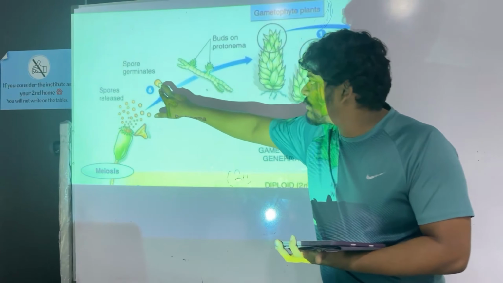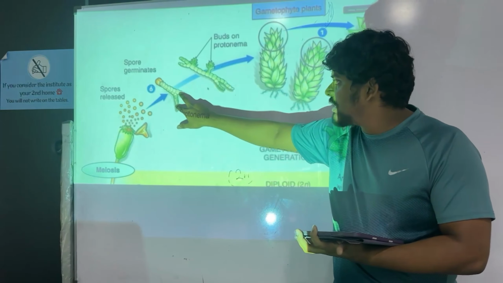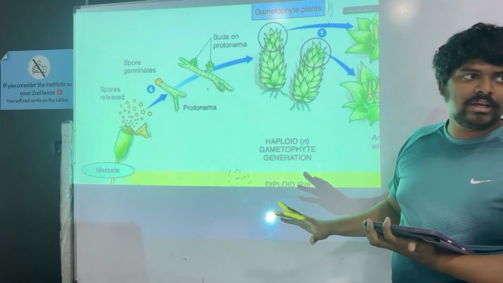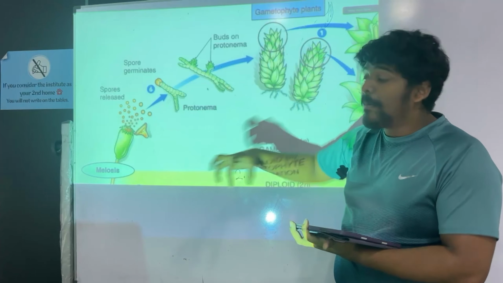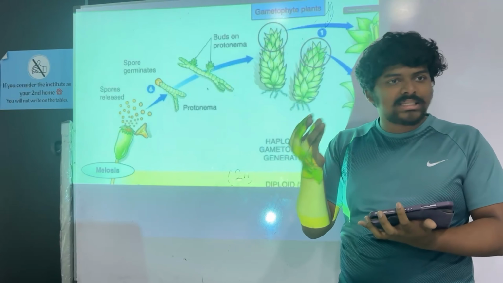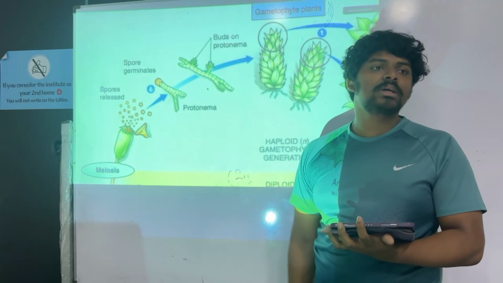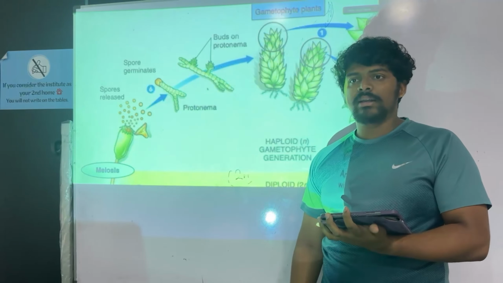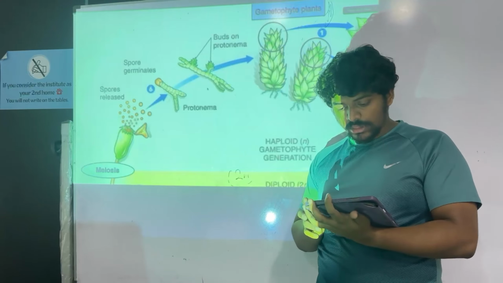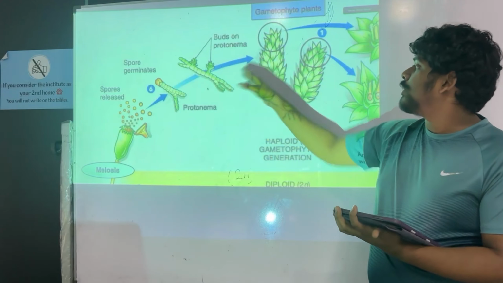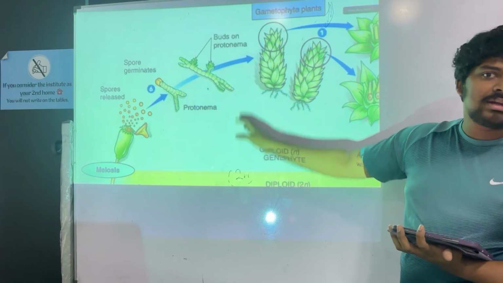As you can see, it is forming in a linear manner, which is then dividing, and that will again divide, but it's not shown here. And from that protonema, buds originate. Buds, baby gametophytes. And that bud will eventually become the mature gametophyte. Is that clear? Protonema produces buds that grow into gametophyte.